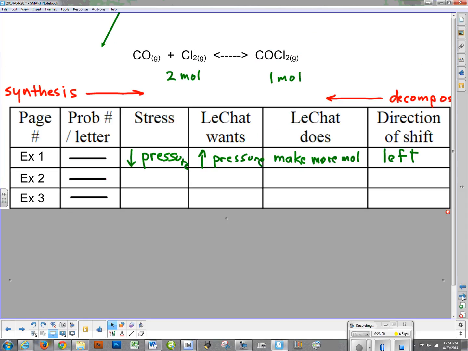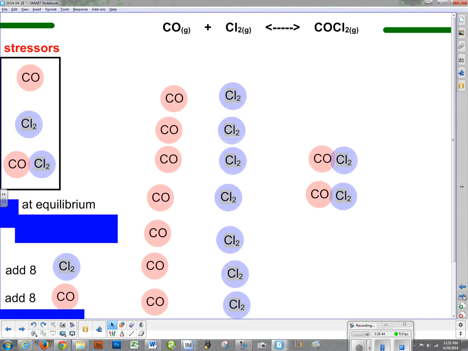So here's a new scenario. We do the opposite of what we did last time. Let's make more pressure. And how did we make more pressure? Yes, by decreasing the volume. So if we decrease the volume, how is poor little Le Chatelier going to make less pressure? Well, let's look at this side. If I put these 2 guys together and move over to the right here, that means I've got a right shift, don't I?